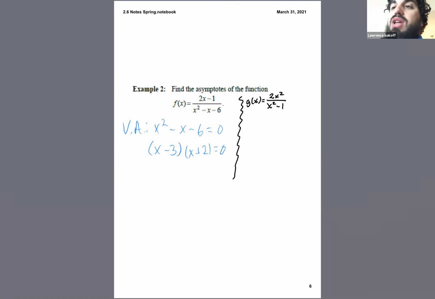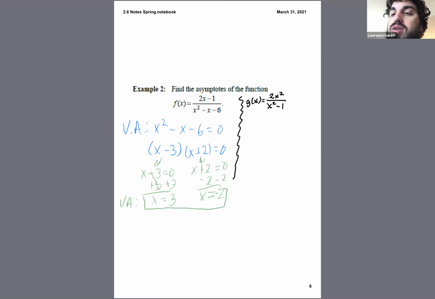So this splits off when I solve it. X minus 3 equals 0. X plus 2 equals 0. Add 3. X equals 3. Subtract 2. X equals, sorry, negative 2. These are my vertical asymptotes.